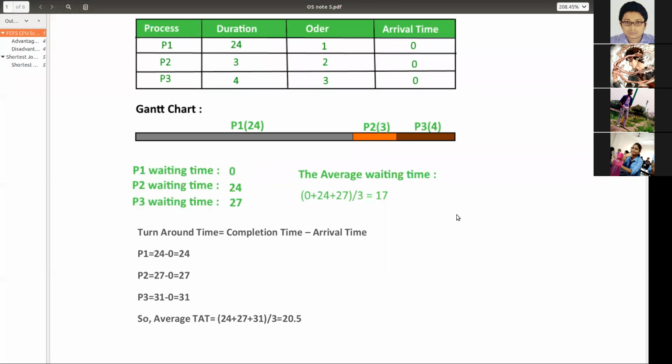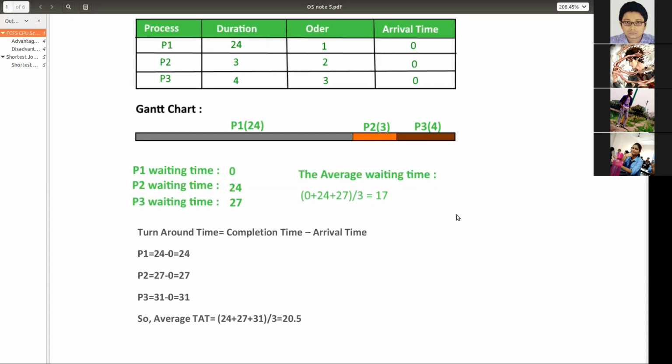So 24 minus 24, so P1's waiting time will be 0, and you can verify that from the GANTT chart. At the very beginning, P1 started from 0 and it arrived at time 0, so it did not wait for anybody. So P1's waiting time is rightly 0.